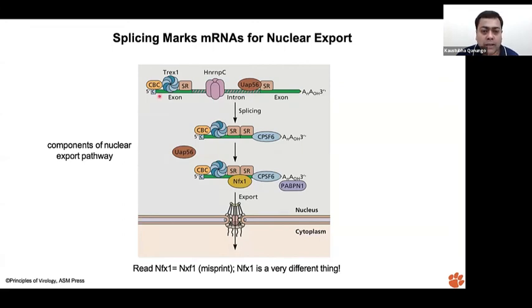What you are seeing right here is the exon, then you have this intron marked like this with hashes, and then you have exon 2. And here you can see the heterogeneous nuclear ribonucleoprotein complex, and these are the spliceosomes. Along with these SRs, these are all the proteins required for the splicing.